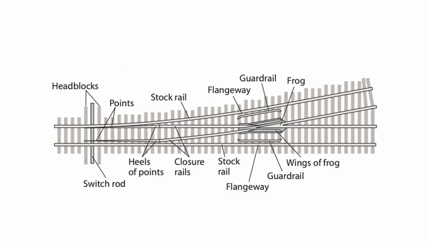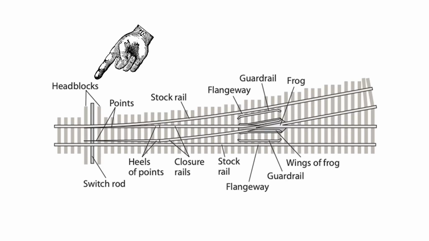Okay, let's look at the actual parts of the switch so that as we're discussing that, we're all on the same page. Let's go left to right. Over here, the head blocks, these are simply long ties, and whatever mechanism is going to throw the switch will be mounted to these extra long ties: a switch stand, a ground throw, a switch machine, whatever.